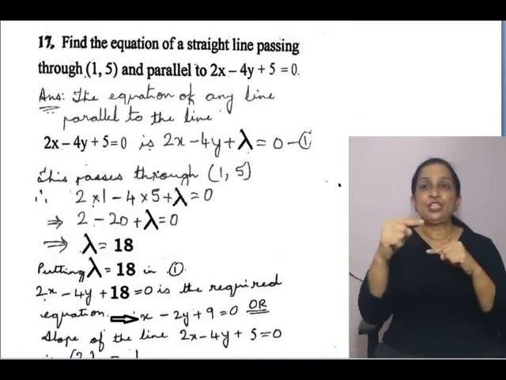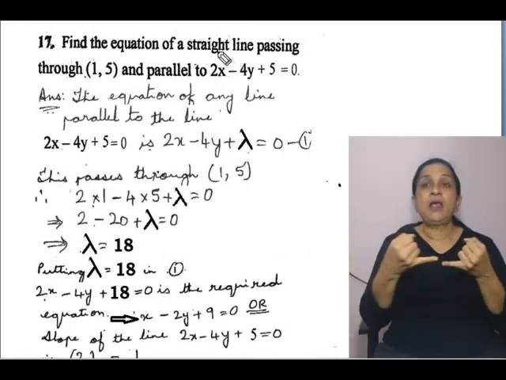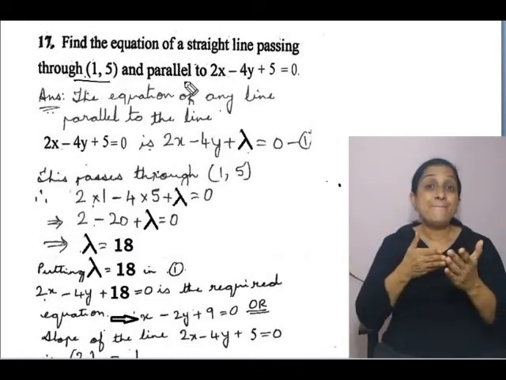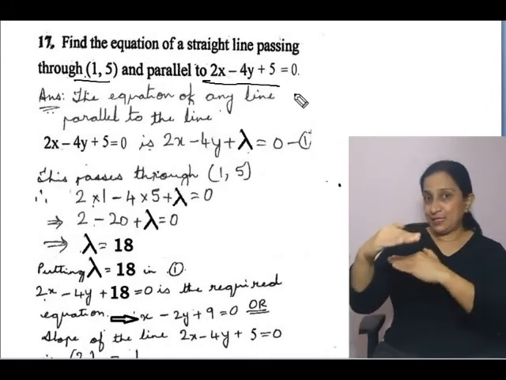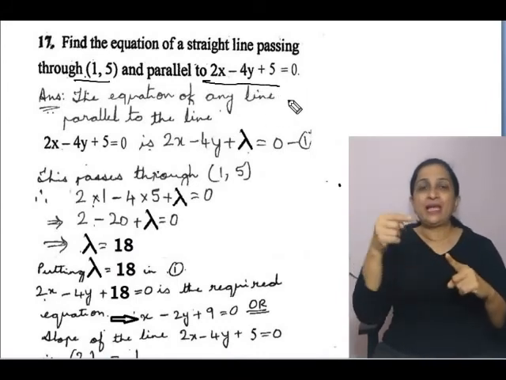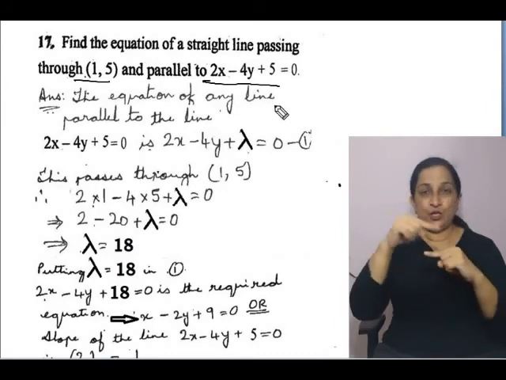Next one is a similar thing. Find the equation of a straight line passing through these points and parallel to this one. Remember, there is a formula for parallel lines.